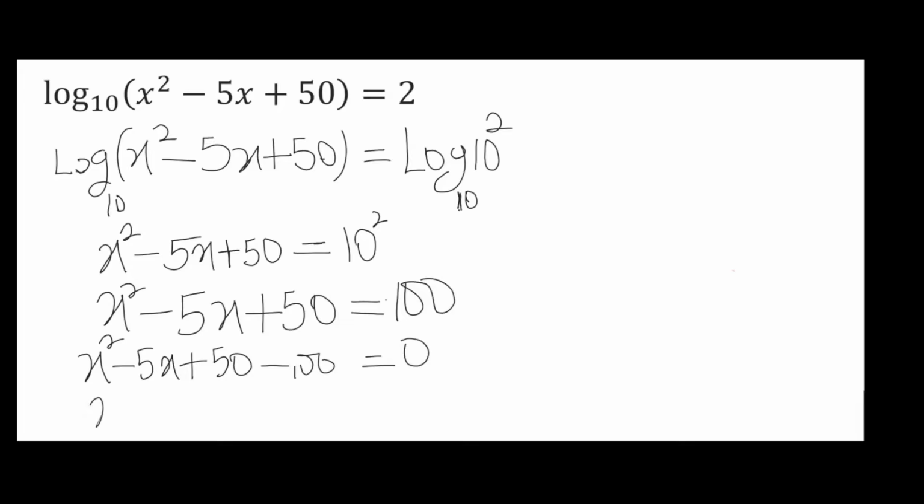And from here, we have x squared minus 5x then minus 50 equals 0. As you can see, this is a typical quadratic equation. So all I need to do now is solve this quadratic equation and get the values of x. So let's get that done on the next slide.